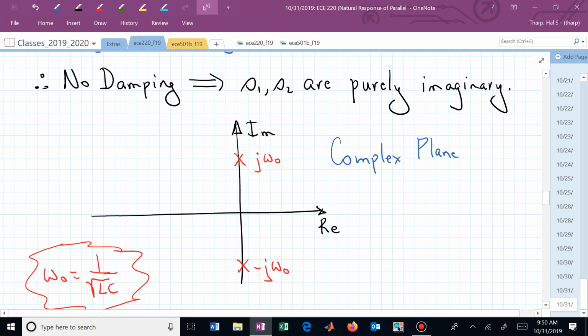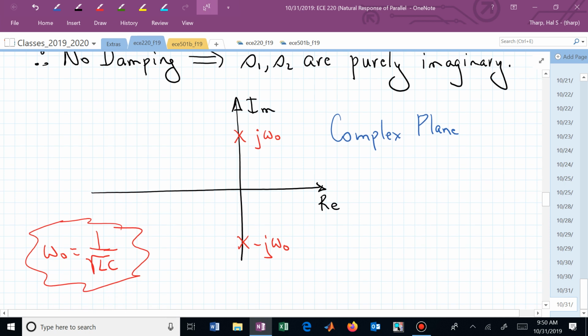Here, the real part of that root doesn't exist, so we are at j omega naught and minus j omega naught. And this one I'm going to say is my S1, and this location is my S2.